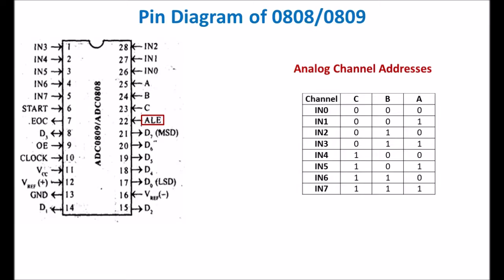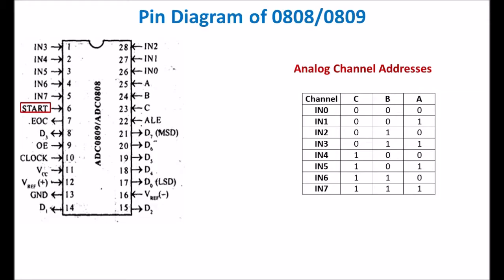Once the address is placed on the address bus and latched, the user can send a start of conversion signal. Here it is shown as a start signal. Again the user has to give a low to high pulse at the start of conversion signal. Now this IC will start conversion of analog input into digital.